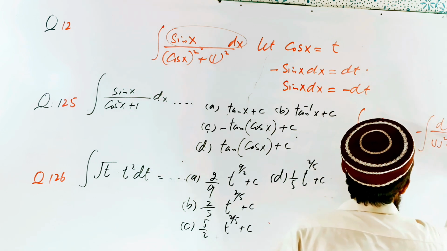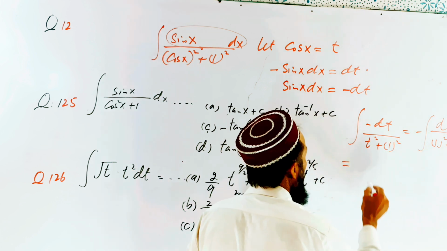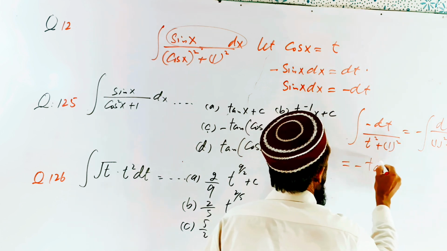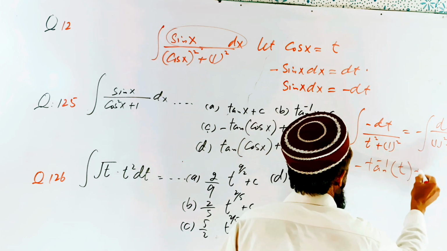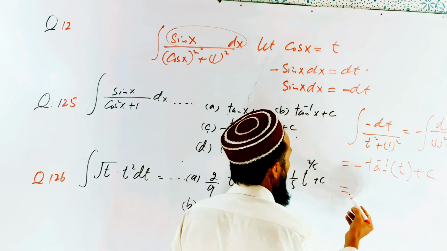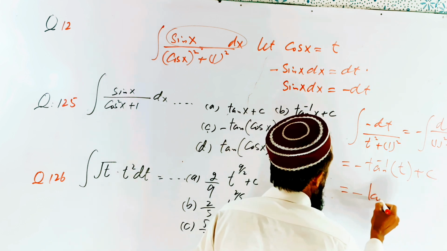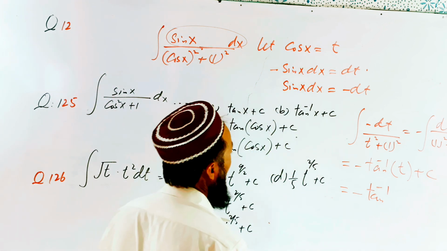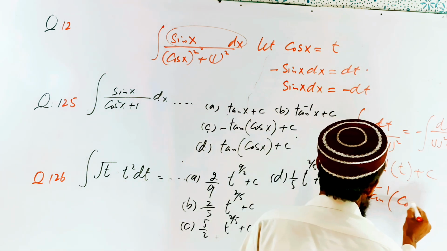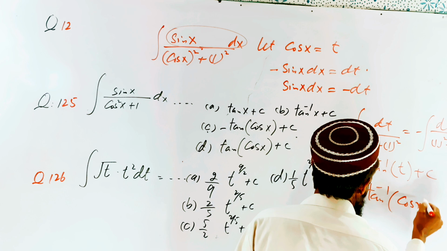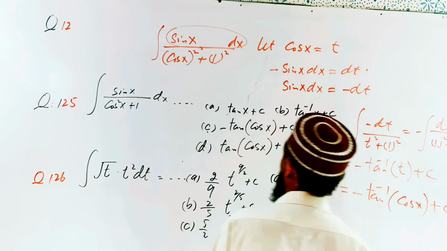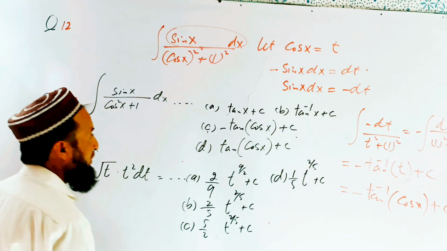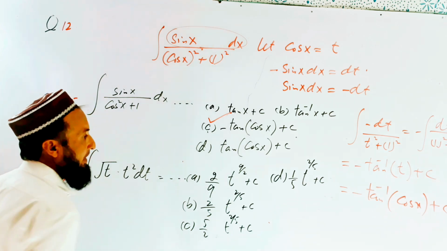This is the formula of tangent inverse t plus c. So we put minus tangent inverse, and in place of t we put cos x, plus c. Now we check the answer. Option C is the correct option.